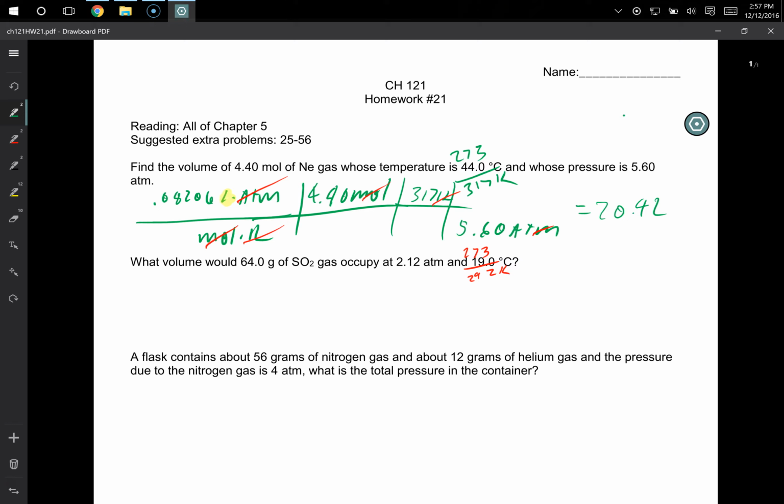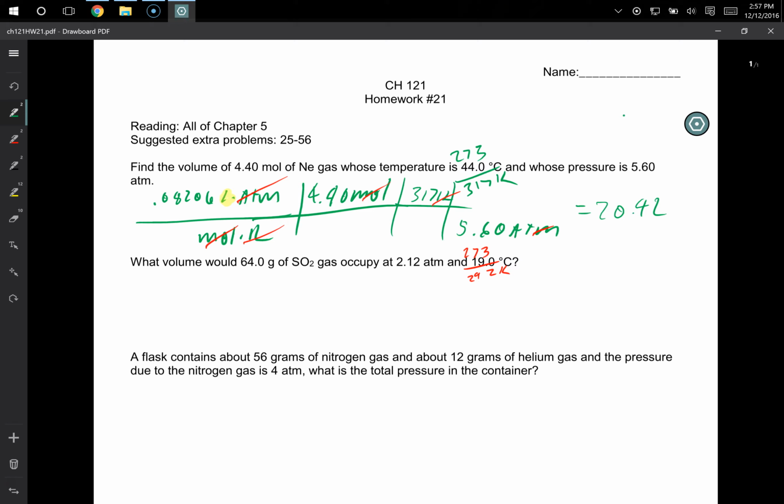No, your units are not right. You wrote R for the units for R. That's a capital R, I put it there. R stands for liters, but it's also 0.08206, right?